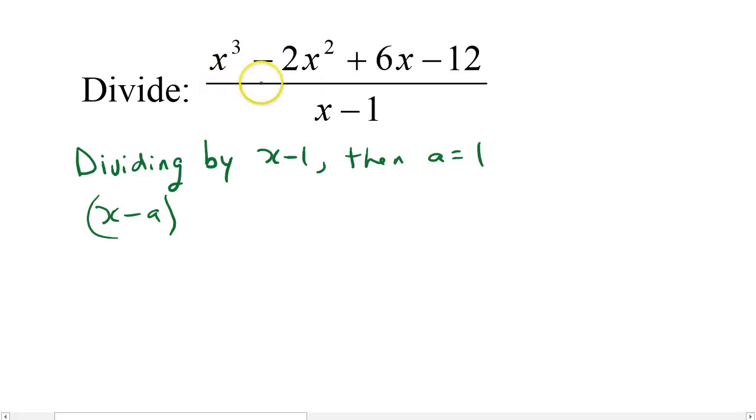Now I need to write this out again, but all I need to do is write the coefficients and not the x part. So instead of writing x cubed, I'll just write a 1. Instead of writing minus 2x squared, I'll just write a minus 2. Instead of writing a plus 6x, I'll just write a 6. And instead of a minus 12, I write minus 12.